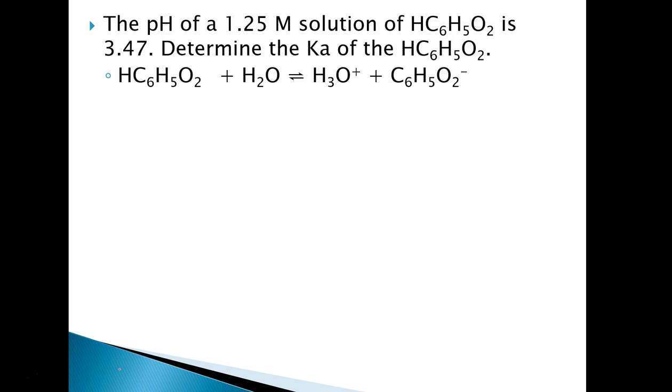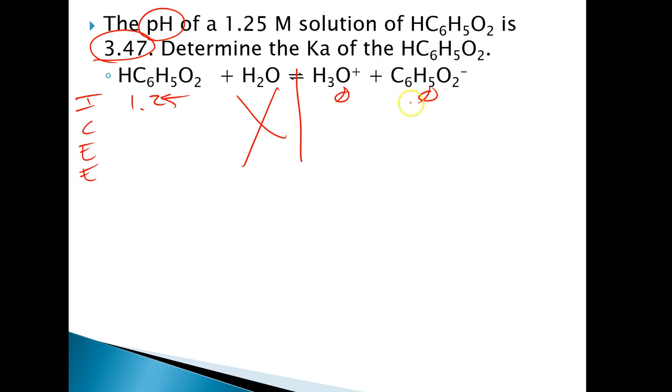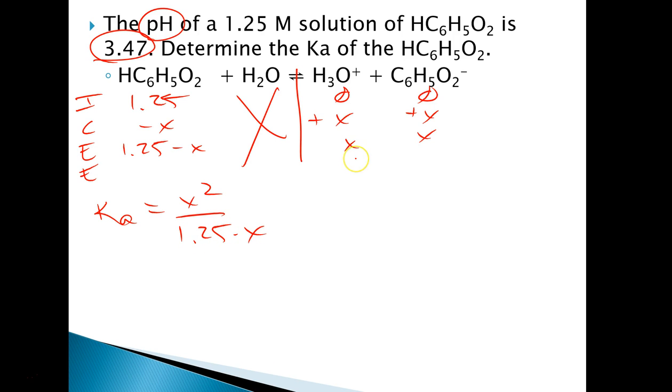So go ahead and see if you can set this up. They give you the pH right here, and they want the Ka. So if you set up the ICE table, Ka is x squared over 1.25 minus x. The problem is they don't tell you directly what the H3O plus is. They tell you the pH, and if they tell you the pH, you can find this.